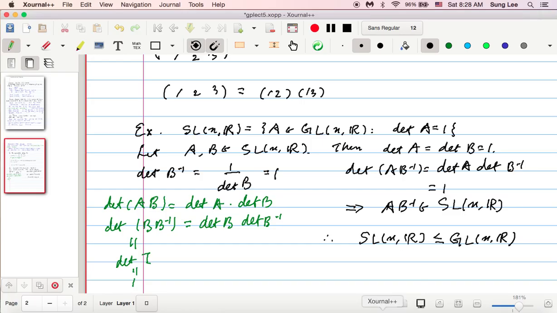The special linear group plays a very important role in many different subjects, not only in mathematics.